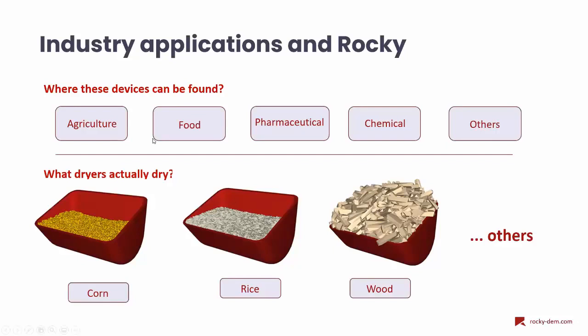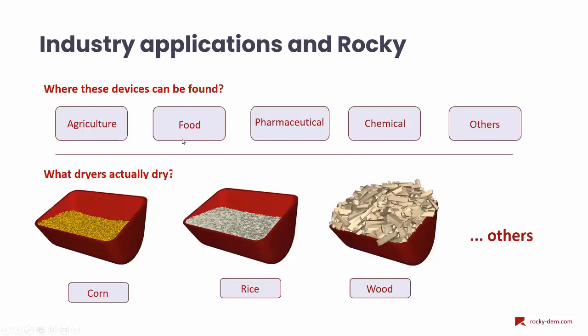Apart from that, we can also find dryers in the food industry. One good example is when you have candies and you spray sugar on top of those candies, and you want to dry that to create that nice layer of dry sugar on top of the candies.